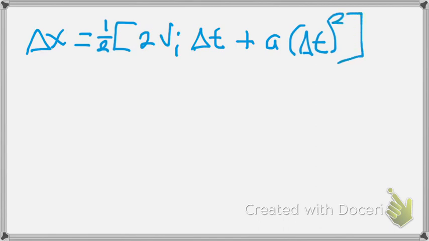Okay, so we distributed change in time. Yes. So at this point we were distributing change in time. Don't worry, we're going to deal with the 1/2 here in just a second.